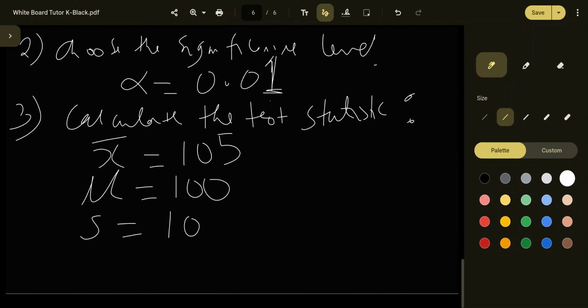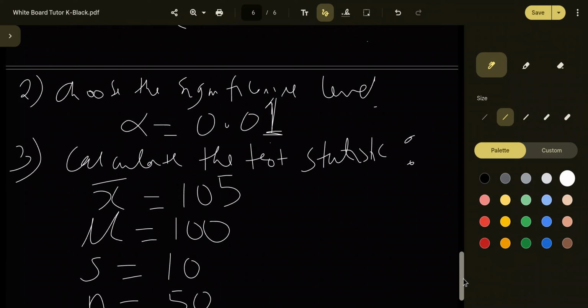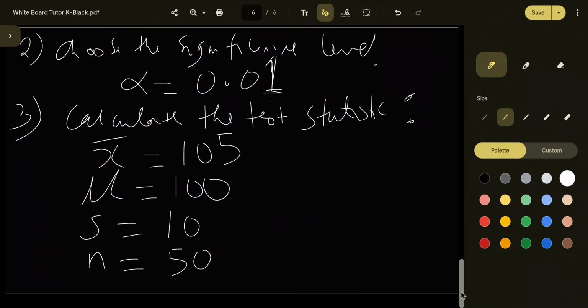Then the sample size, which we represent with n, is 50. So the population mean is 100, the sample mean is 105, the standard deviation is 10, and the sample size is 50.